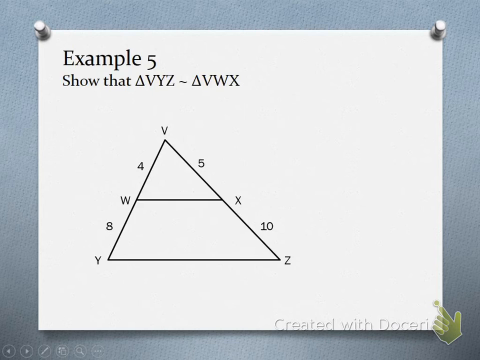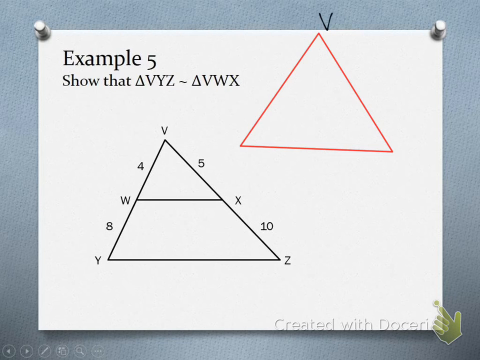If it helps, you could draw them out. Sorry, bring it back. Draw them out separate from each other. So we've got this triangle, VYZ. And then we've got a smaller triangle, VWX.